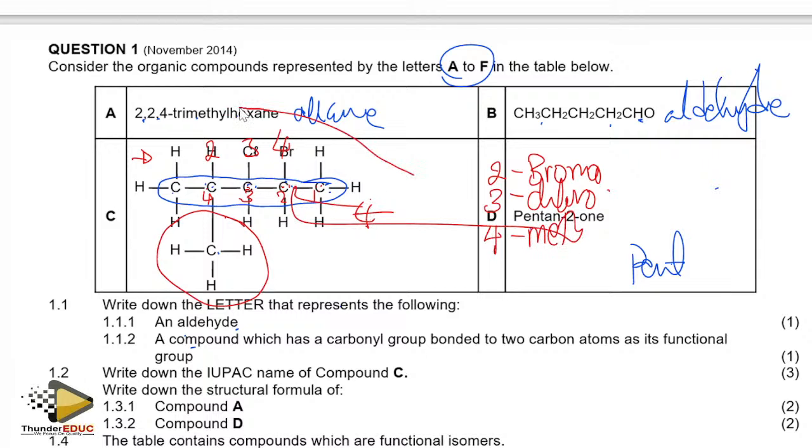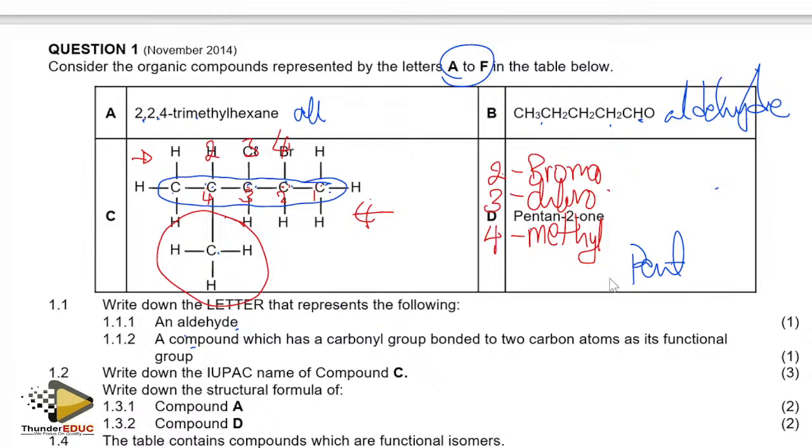Meth is one carbon atom, which means one carbon atom, meth. And because it's a side group, I'm going to say yl. So it becomes methyl. You see? So it's going to be 2, 3, 4.